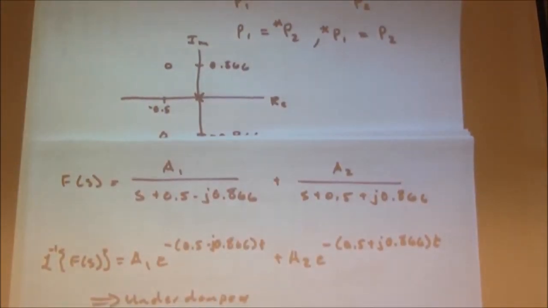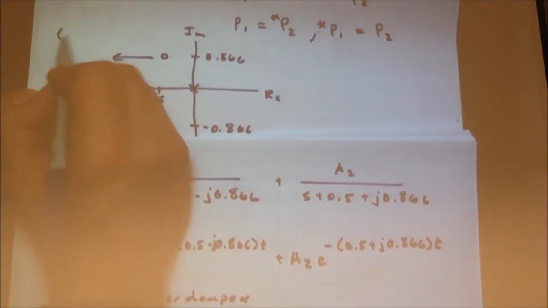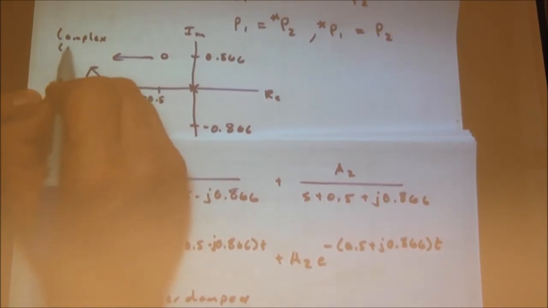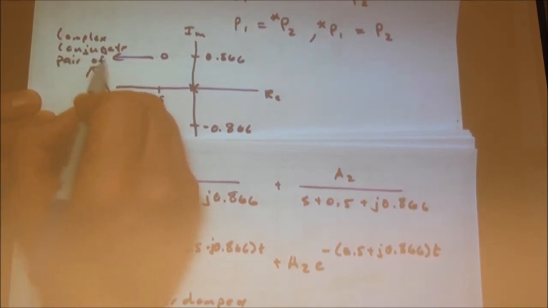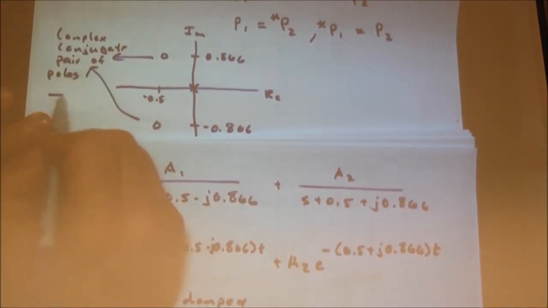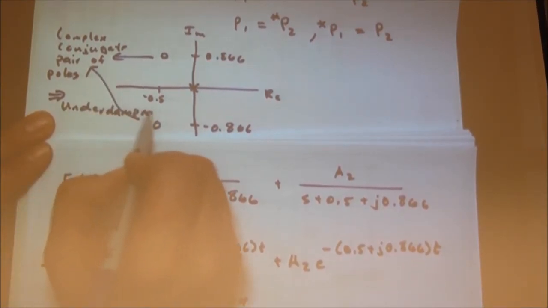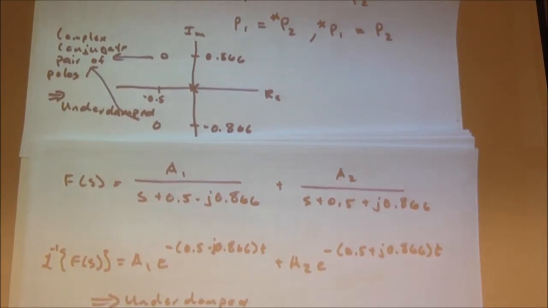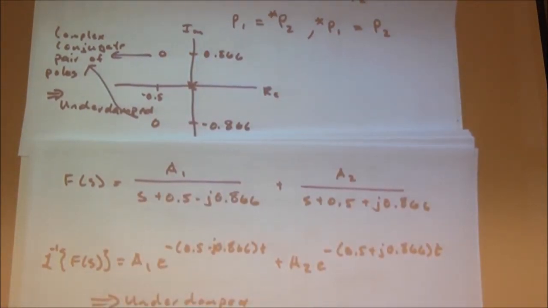And so, in our imaginary-real plot, underdamped cases will have a complex conjugate pair of poles. And that implies underdamped, as we just said. And so we will always have two poles when we're underdamped for second order circuits, of course, more for higher order circuits. But we'll always have pairs of poles when we're underdamped, and they will be complex conjugates.